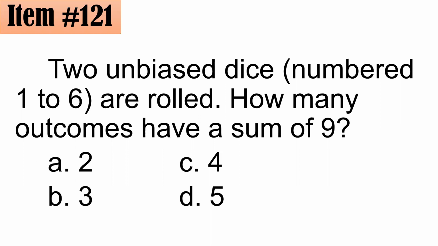Two unbiased dice, numbered 1 to 6, are rolled. How many outcomes have a sum of 9? Did you go for 2, 3, 4, or 5? It seems many of us answered letter C. Okay, let's see if you got it right.